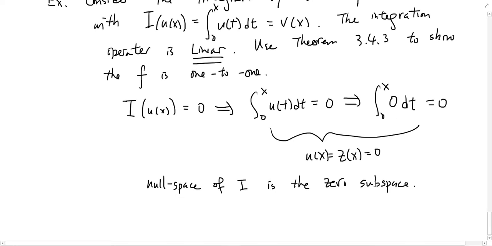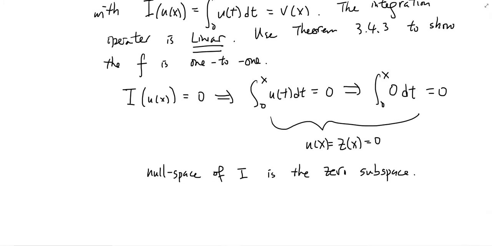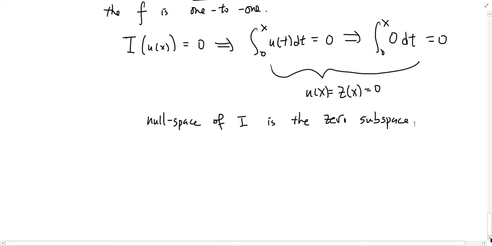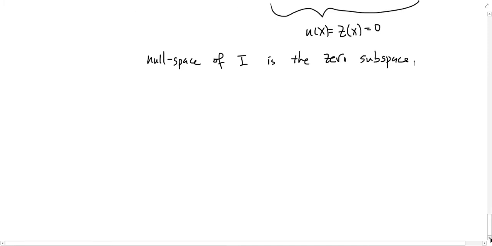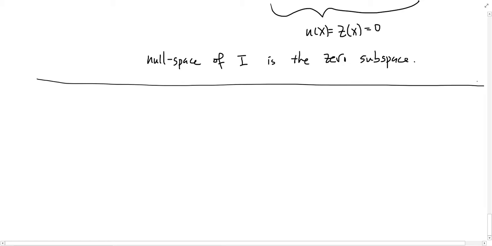Alright? So that's null spaces. Now the question would be, why are we interested in something like that? Well, the obvious reason number one is that it helps us identify whether the function is one-to-one or not. But more importantly is the following. What we're going to talk about is something called non-homogeneous equations.